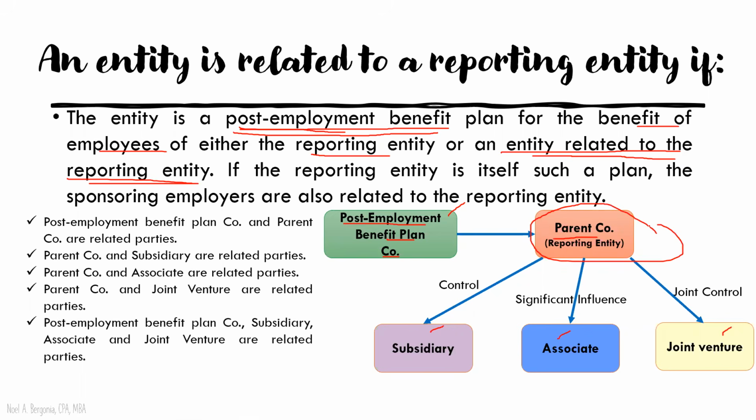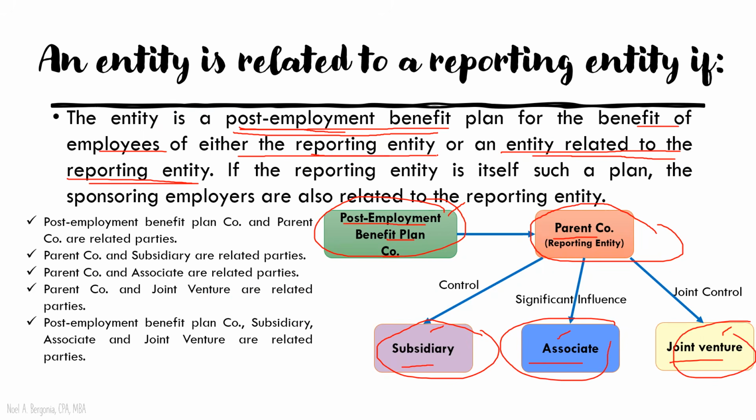Okay, thus the post-employment benefit plan company, the subsidiary, associate, at saka joint ventures, they are considered as related parties. Okay, yun po kasi yung sabi dito that an entity is a post-employment benefit plan, and they are related to the reporting entity itself or the entity that are related to the reporting entities. Okay, so are we clear on this, guys? Any questions or clarifications, please let me know.